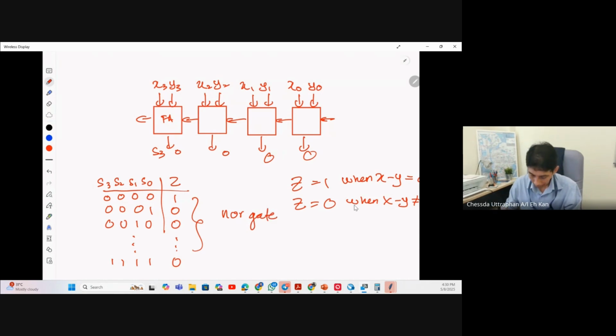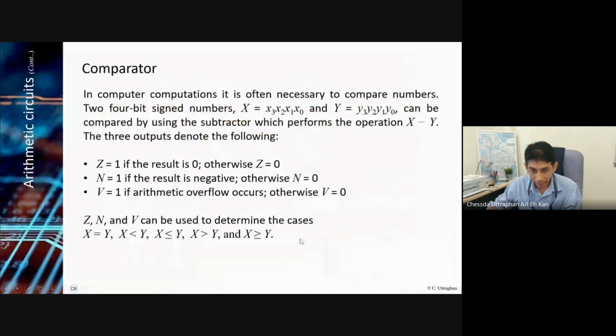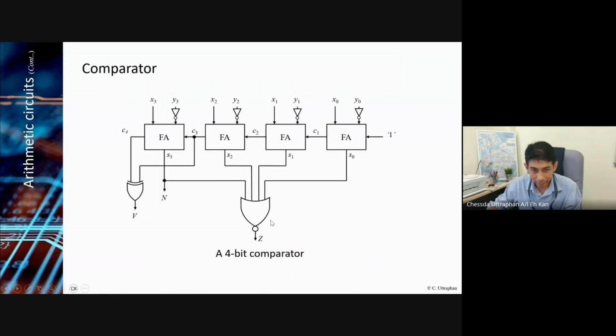To detect whether x minus y equals 0 or not, we can use a NOR gate like this. If all the inputs are 0, 0, 0, 0, then z equals 1.